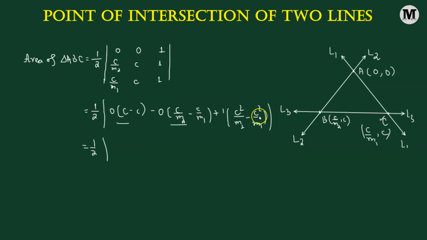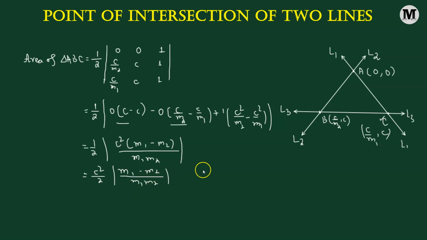In the third term we are left with c squared multiplied by m1 minus m2, divided by the product m1 times m2. So we have c squared over 2, the absolute value of m1 minus m2 divided by m1 times m2. This is the area of the triangle ABC.